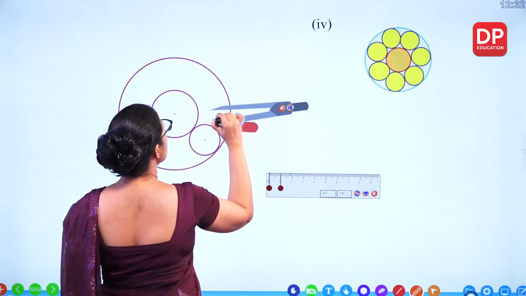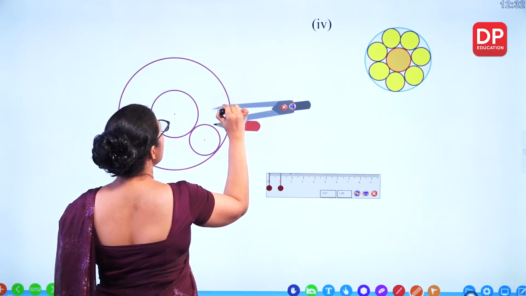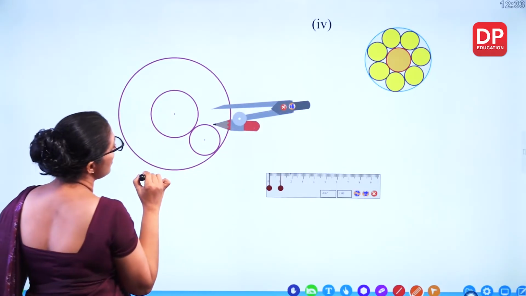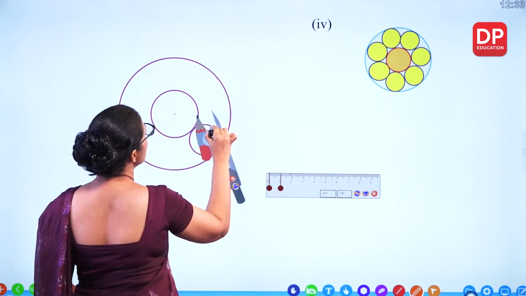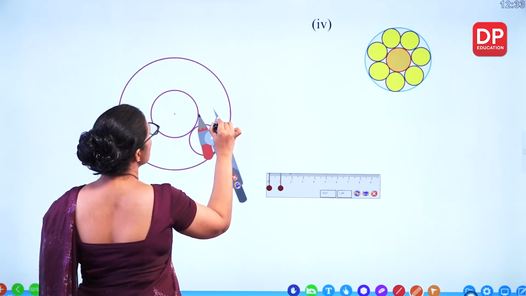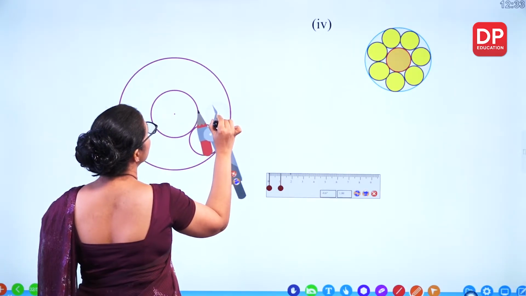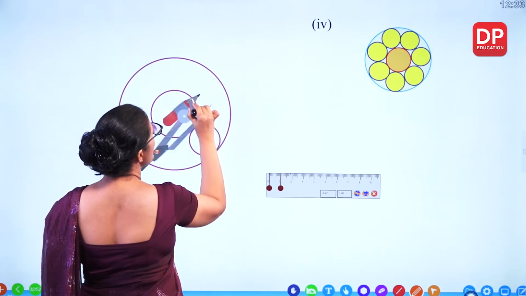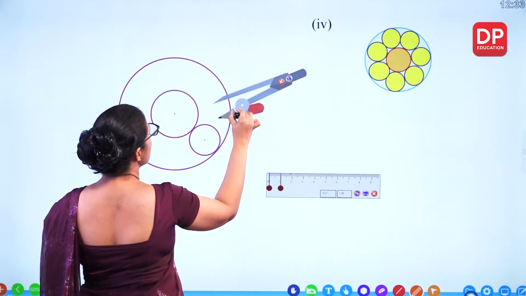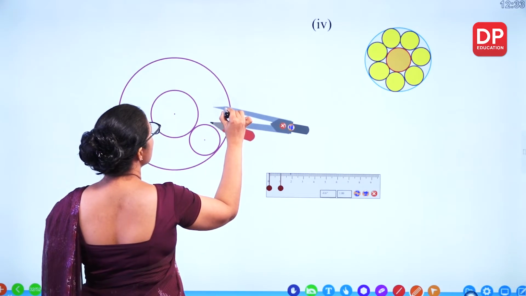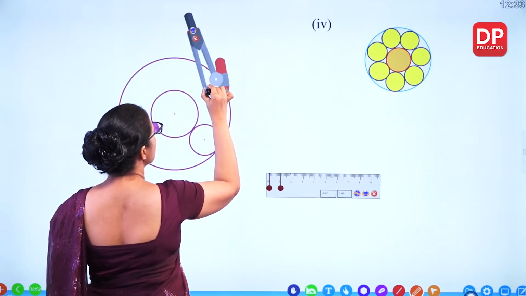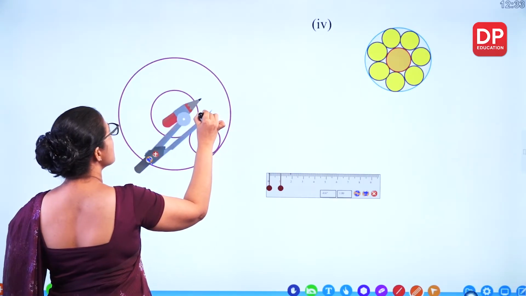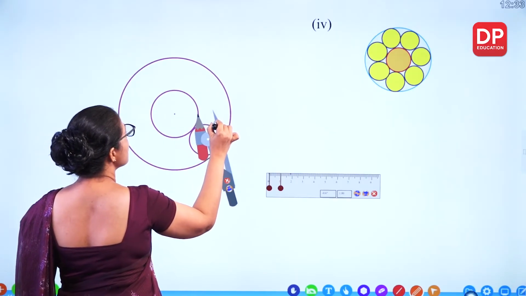So keep it somewhere here so that it touches this circle, and here also it touches this also. You have to check it. Now check. This touches this slightly here.